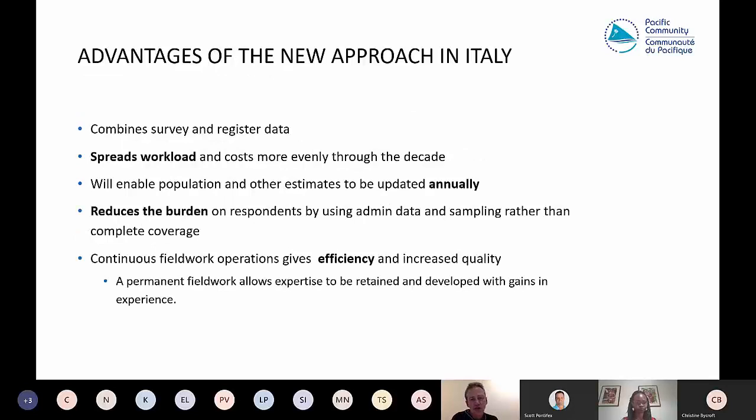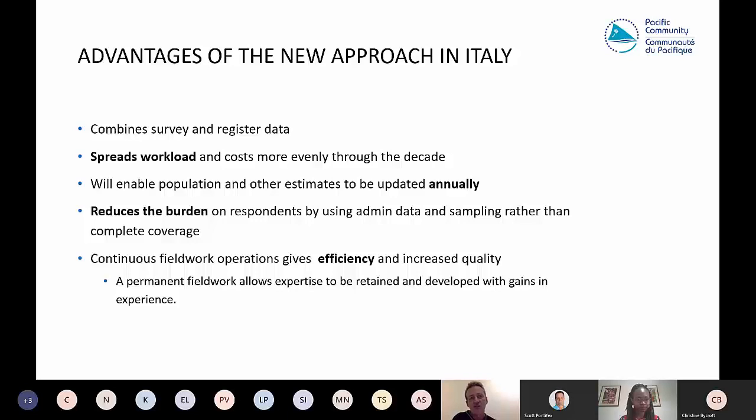So the last slide on Italy. The advantages seen of this approach for Italy are that it combines survey and register data. It spreads the workload and the cost evenly throughout the decade rather than having a big peak every 5 or 10 years. It will enable the population and other data to be updated every year.